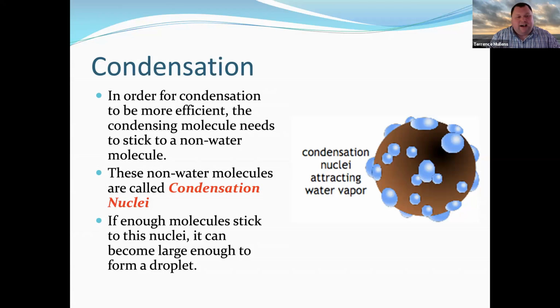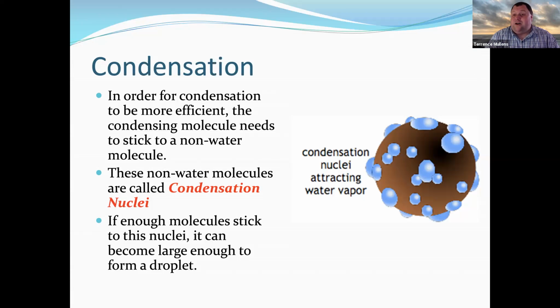But for right now, just know that in order for condensation to really happen, water molecules need to stick to something that isn't water. We call that something a condensation nucleus. And if enough molecules stick to that nucleus, then the bead of water grows enough to become a droplet.